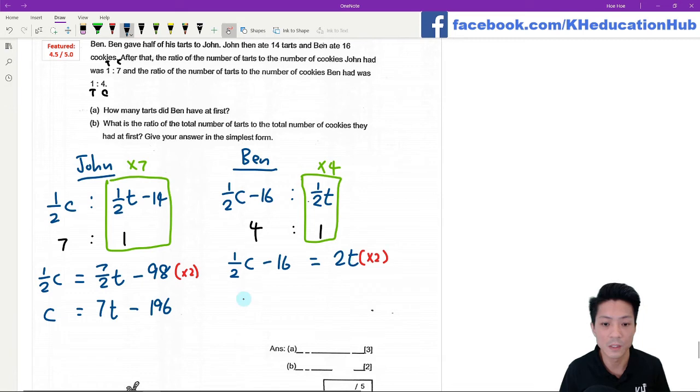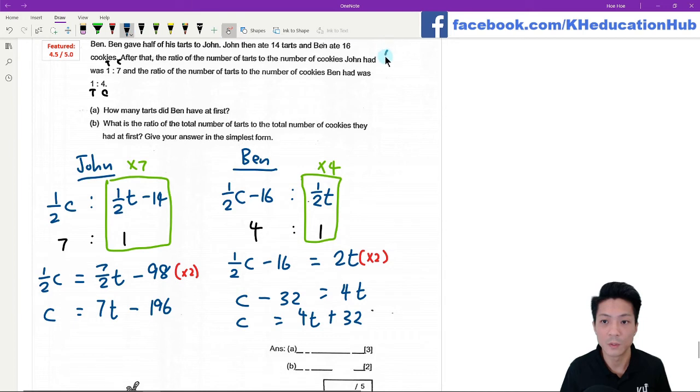As for here, the cookies minus away 32 is going to be equal to 4 times the tarts, which means that the cookies will also be equal to 4 times the tarts plus 32.